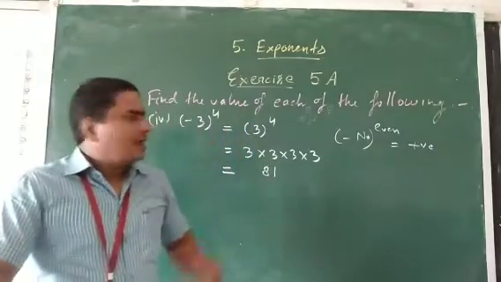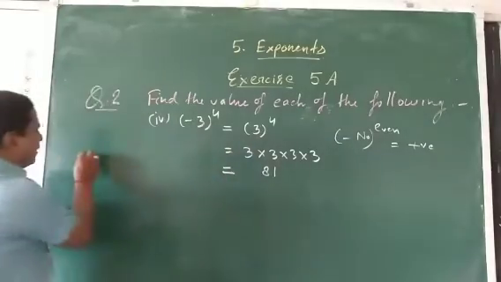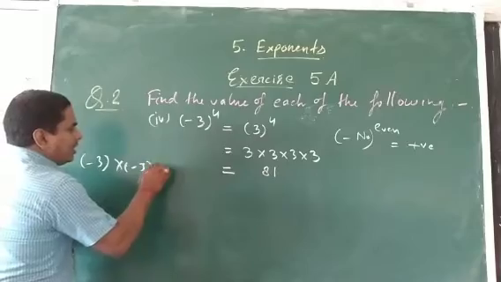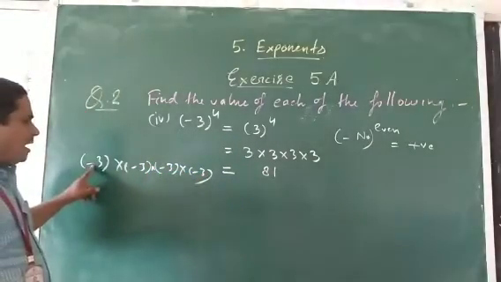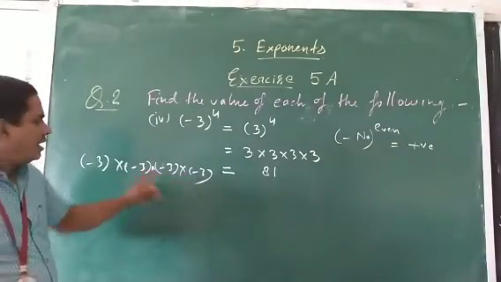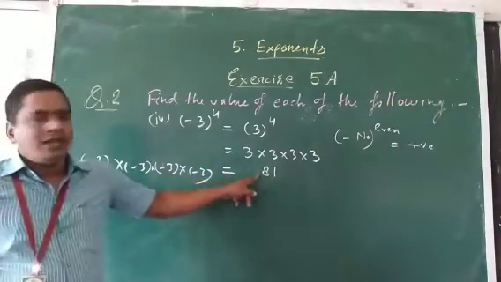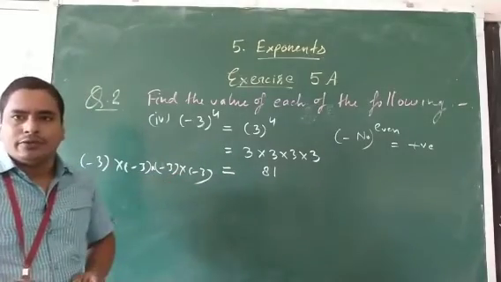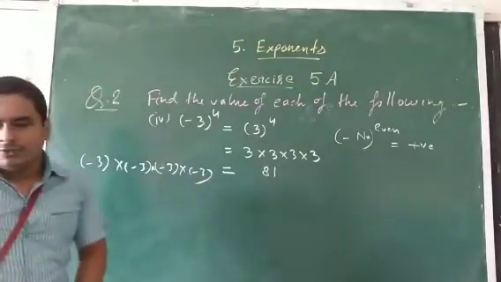Either you can solve directly by this, or if you apply minus 3 into minus 3 into minus 3 into minus 3, you will get the same answer. Minus into minus is plus, then again minus, then again into minus is plus, and 3 3s are 9, 3 9s are 27, 3 27s are 81. So either you apply the rule, or you can solve by this product rule. Clear? Now, next question we will discuss.